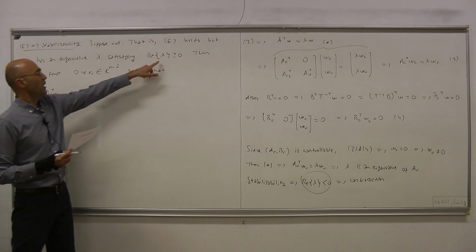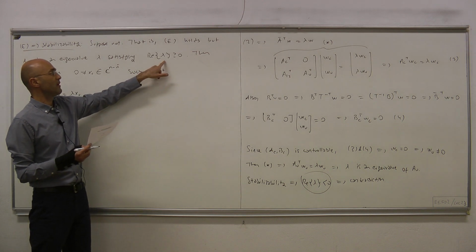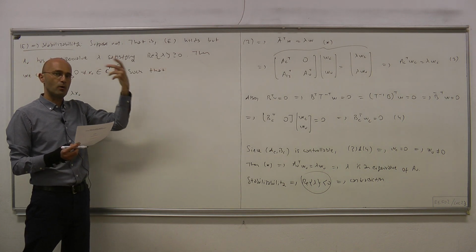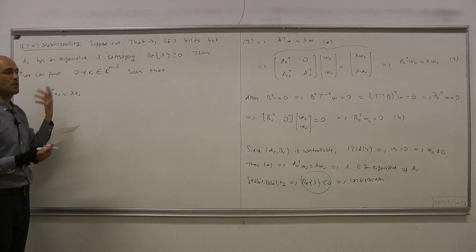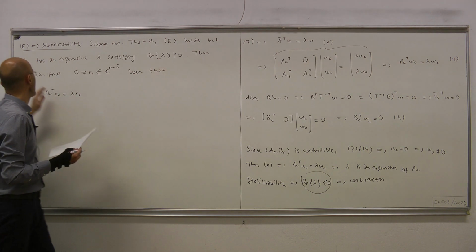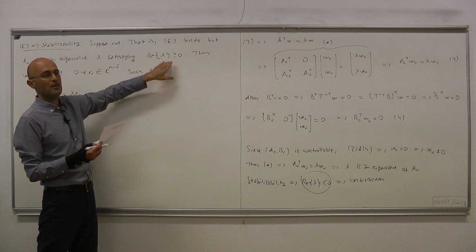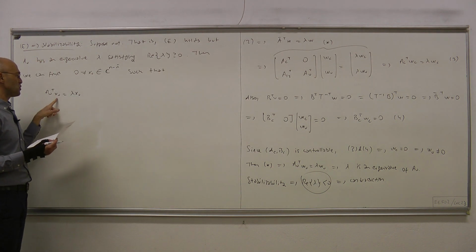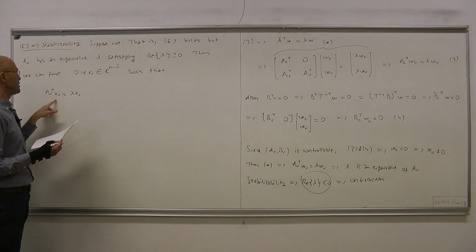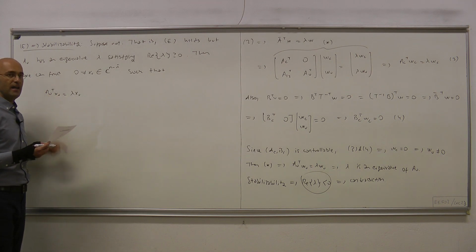Since AU and AU transpose share the same eigenvalues, AU transpose also has an eigenvalue satisfying this. And by XU, we're denoting the eigenvector corresponding to that eigenvalue of AU transpose.